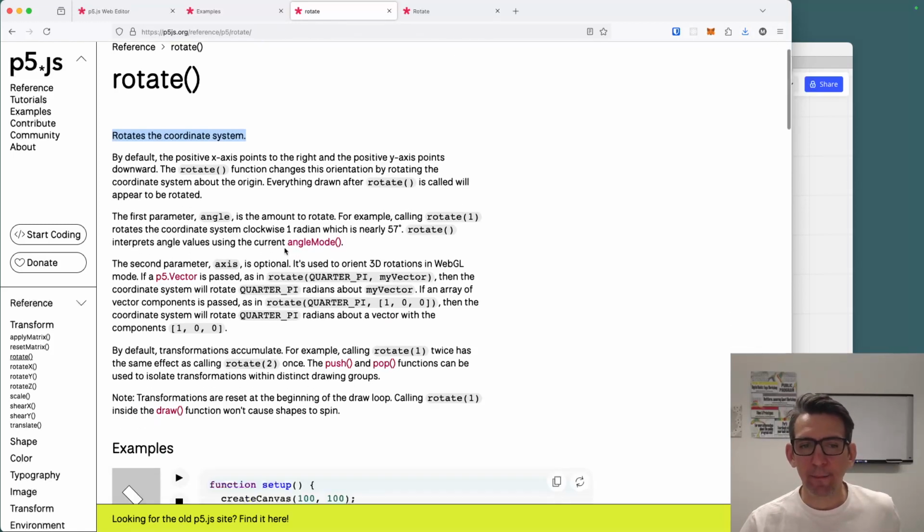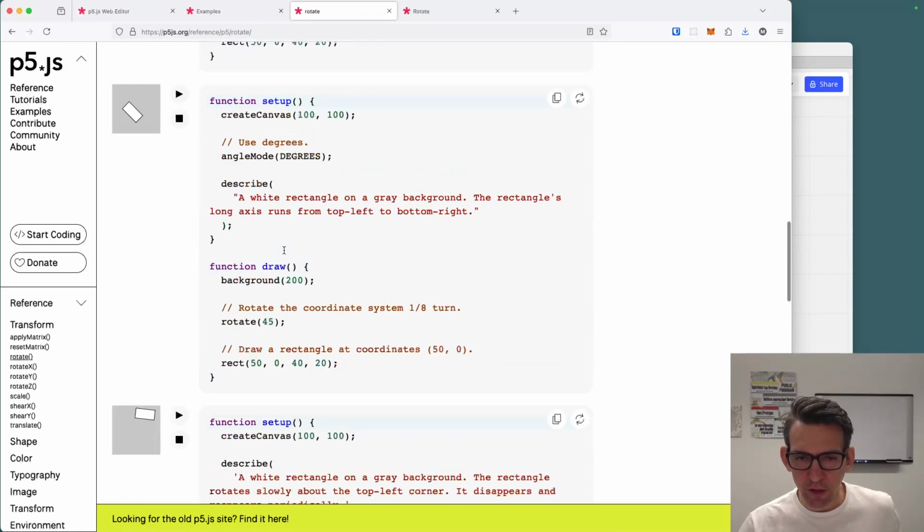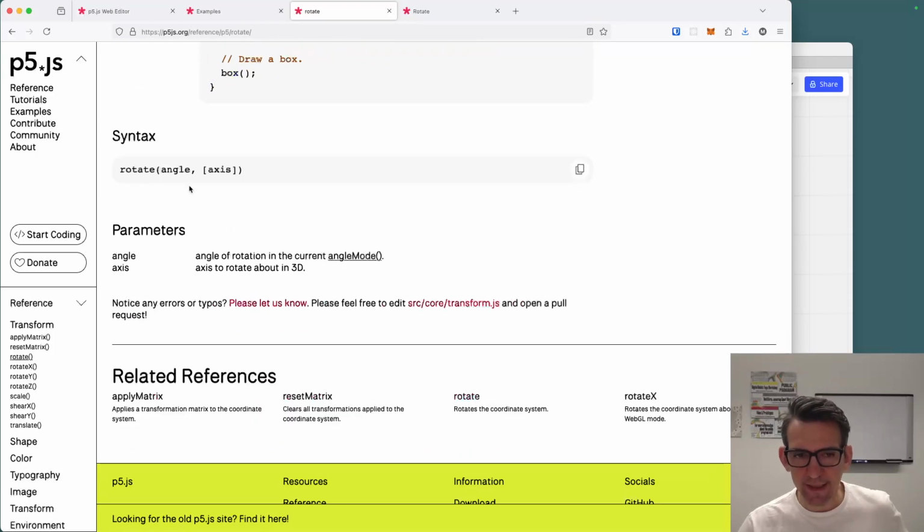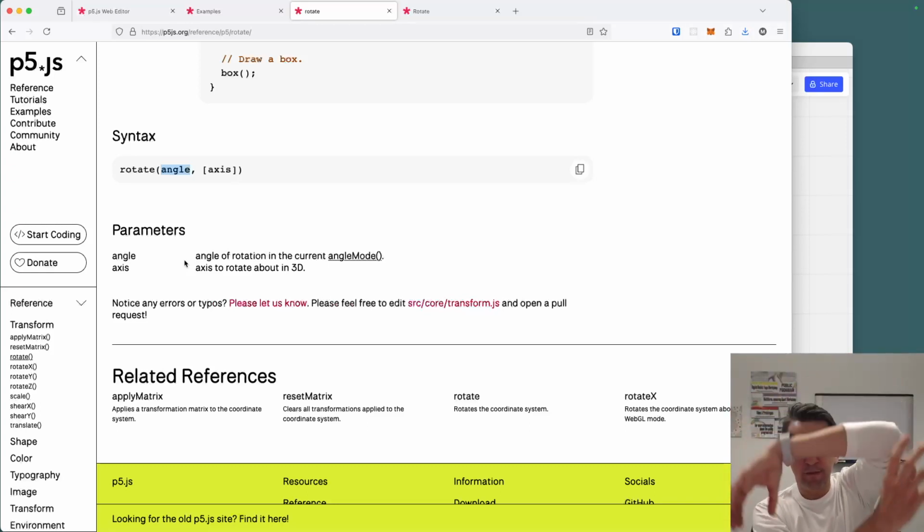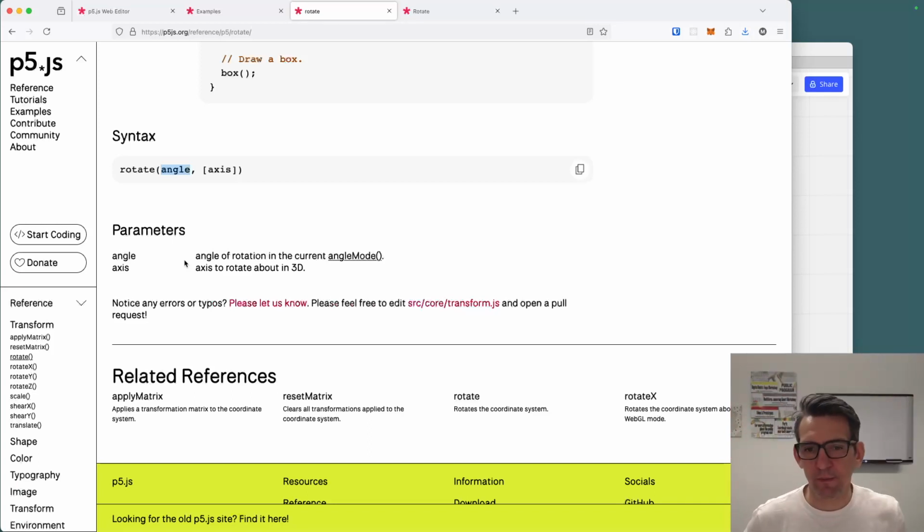So if you look at the syntax, it takes the angle, and then you can also provide it with the axis around which you want to rotate, right? Typically, it rotates kind of like this, so technically along the z-axis, but you don't really think about this.